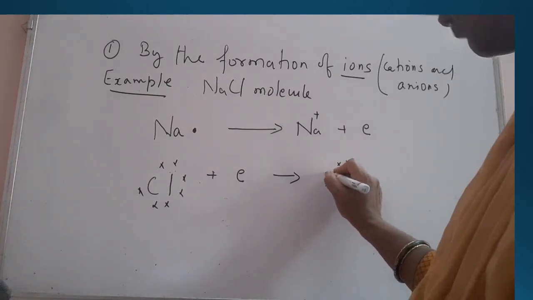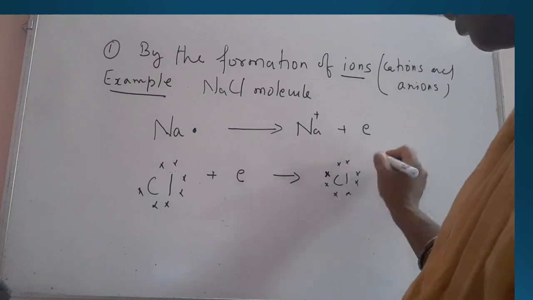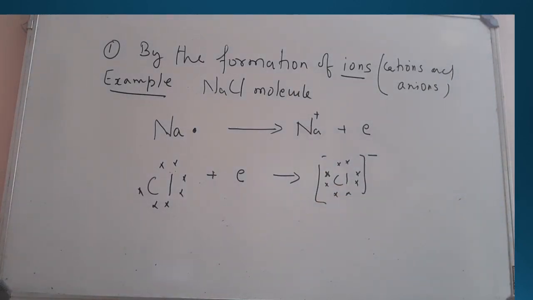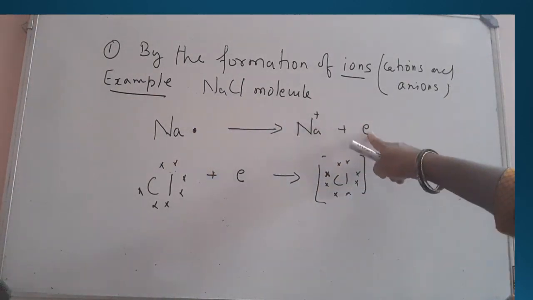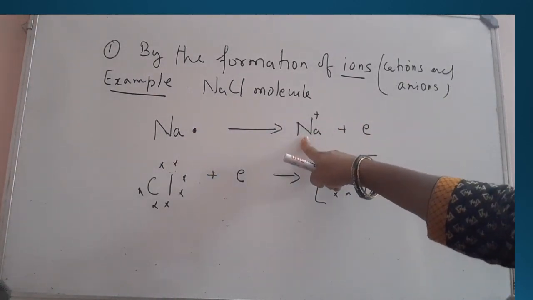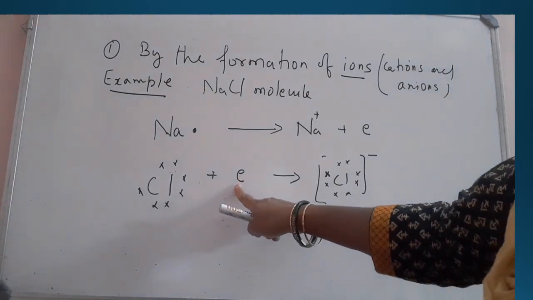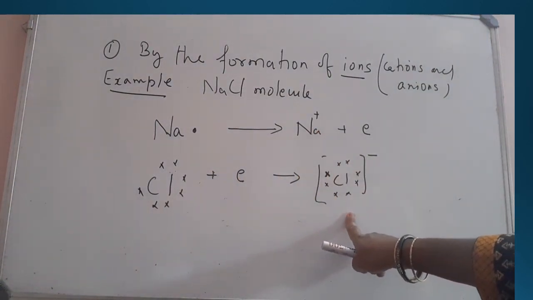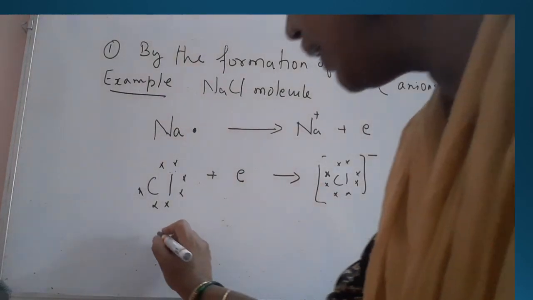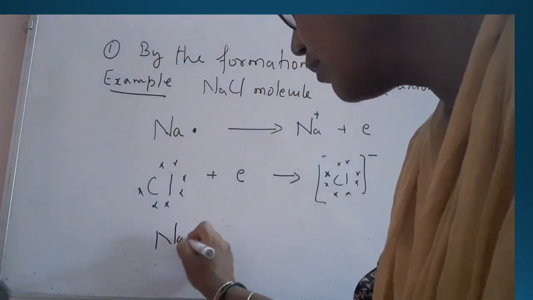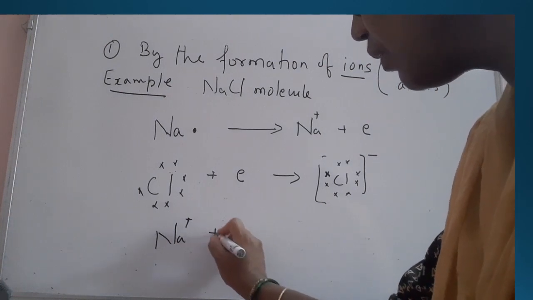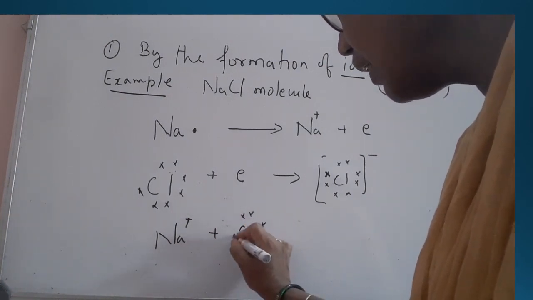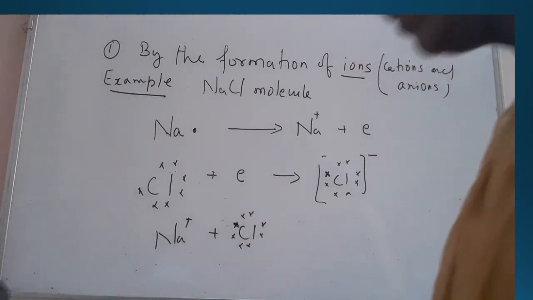As one electron is in excess, we give it a negative charge. So a metal atom with the loss of an electron forms a cation, and a non-metal atom with the gain of an electron forms an anion: sodium ion, chloride ion.